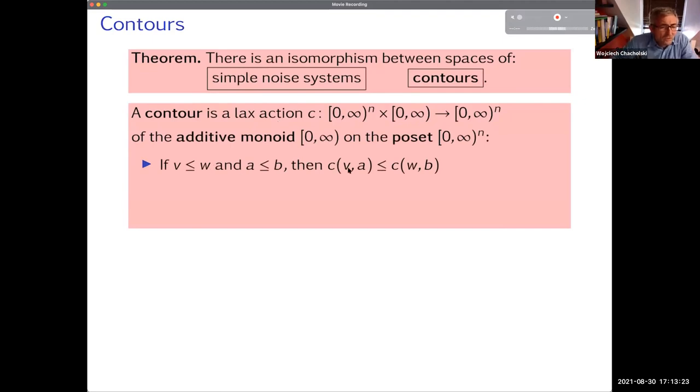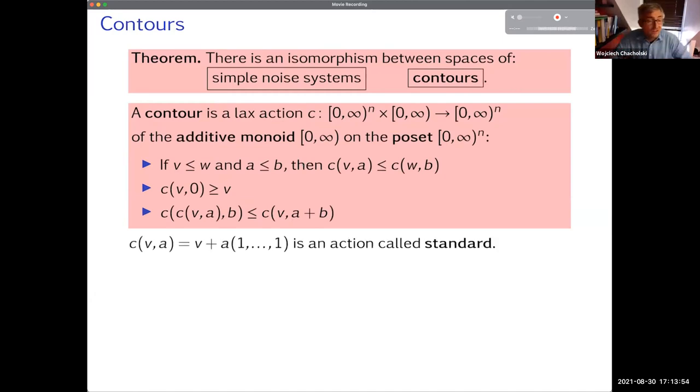Well, it has to act on a poset, so it preserves these inequalities. If you act by 0 on V, you might get V or something bigger because of laxness. But for the purpose of this talk, you just assume that it's an action, so it's equality. And then if you act by A and then you act by B, it should be the same as acting by A plus B, or it doesn't jump over, because of laxness, but you can assume equality here. We're not going to look for other examples.